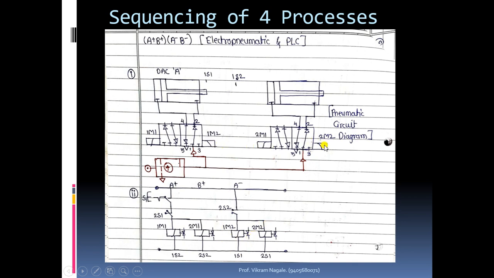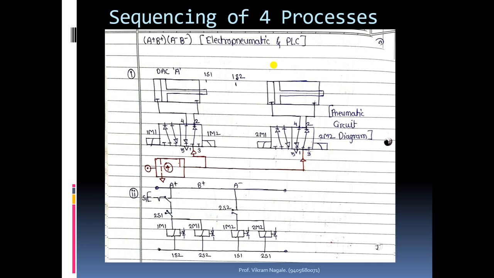And once 1M2 and 2M2 coils are getting energized, this rod ends will start their backward journey. That is, they will leave 1s2 and 2s2 positions and they will try to come to 1s1 and 2s1 positions respectively.